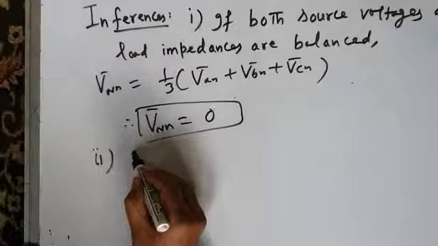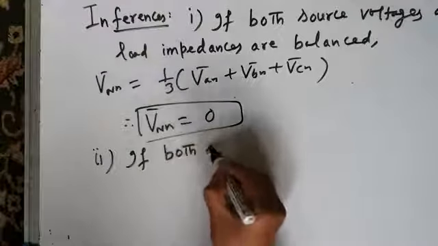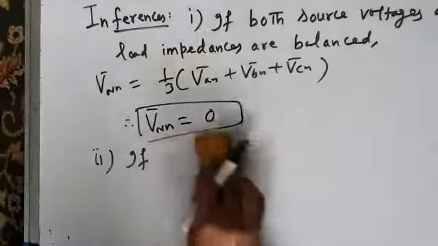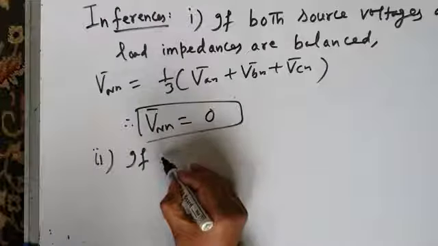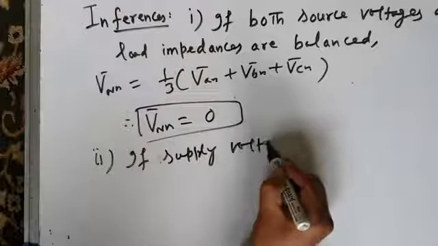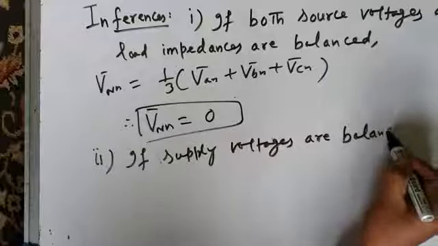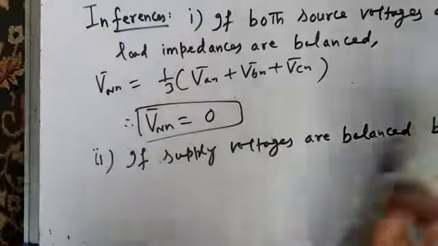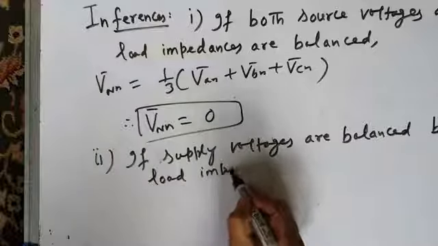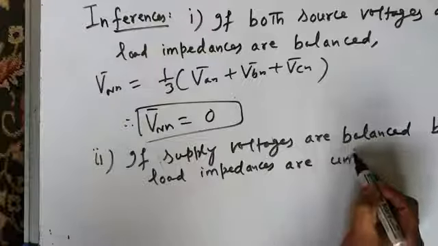Second inference is if source voltages are, let me first of all assume, if supply voltage, that is source voltages, are balanced but load impedances are unbalanced. Load impedances are unbalanced.